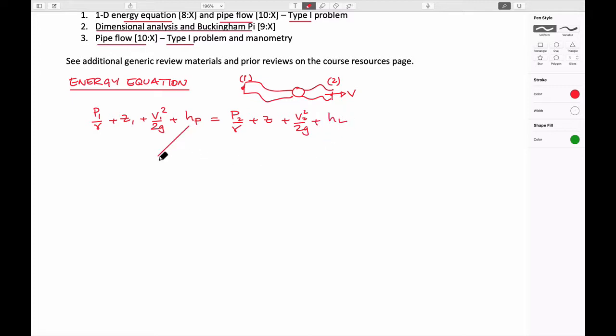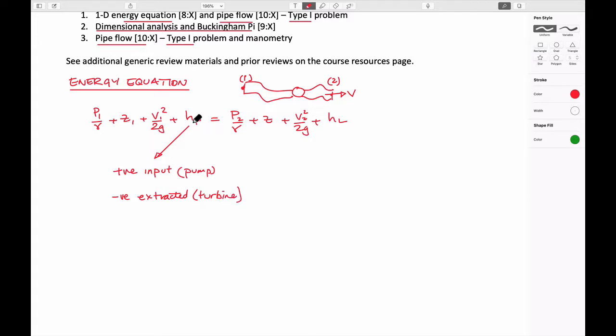So of these, the pump head is positive if it's input into the system. So in other words, it is a pump. It's negative if energy is extracted. In other words, a turbine.